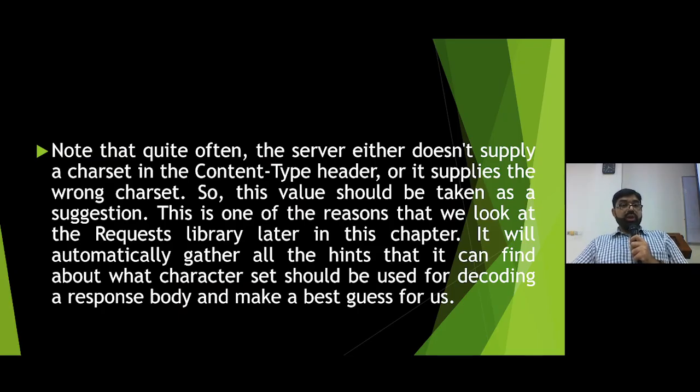Note that quite often the server either does not supply the character set in the Content-Type header or supplies the wrong character set, so this value should be taken as a suggestion. Sometimes it's not proper. This is one of the reasons that we look at the requests library later in this chapter, as it will automatically gather all the hints it can find about the character set used for decoding a response body, and make its best guess for us.